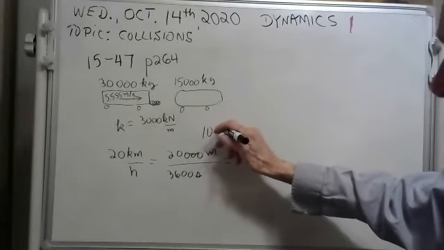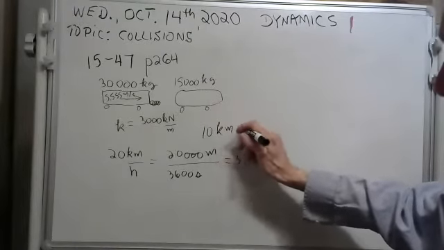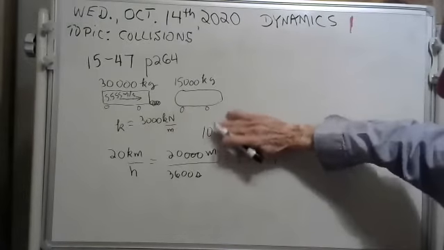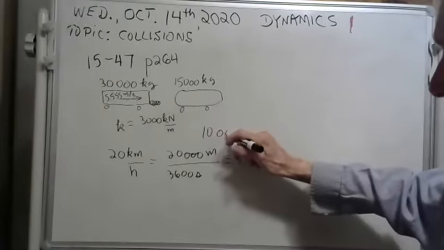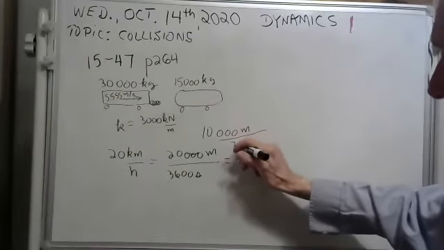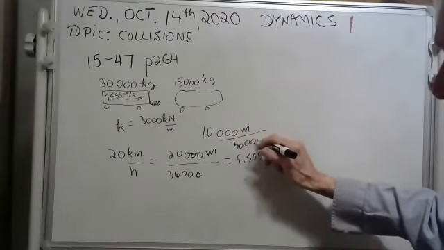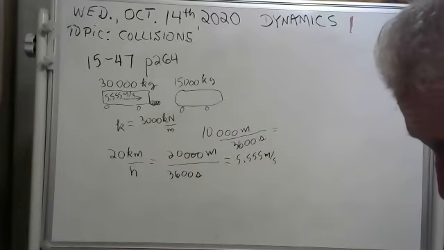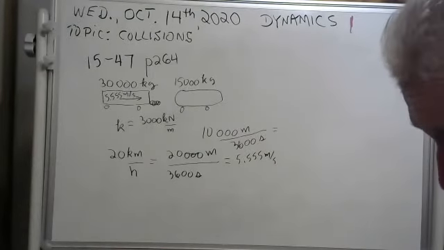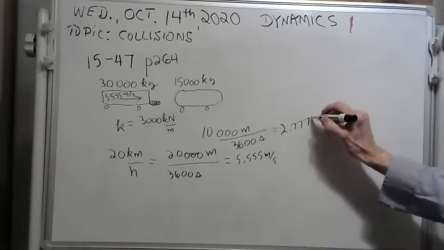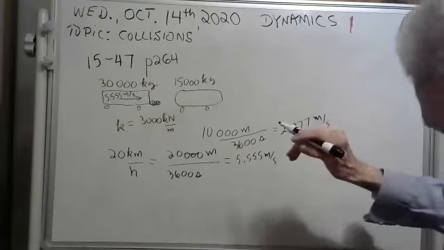Let's convert that. Let's make it 10,000 meters per hour, and an hour is 3,600 seconds. So that's 10,000 divided by 3,600. That's 2.777, a whole bunch of sevens, meters per second. But it's going this way.